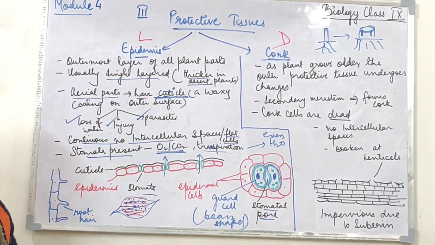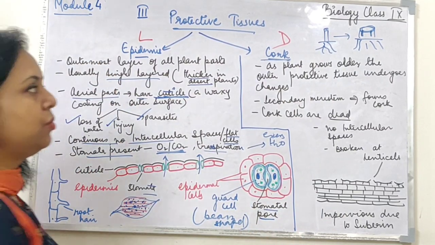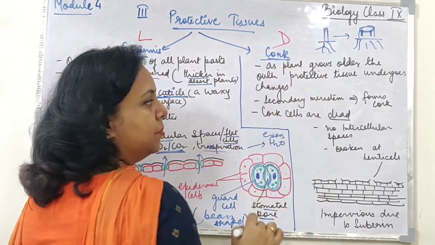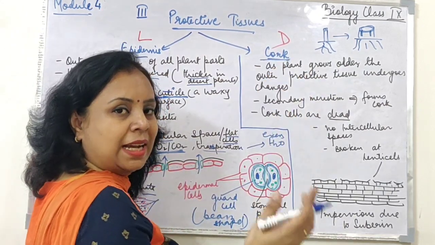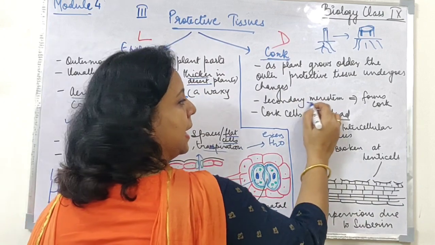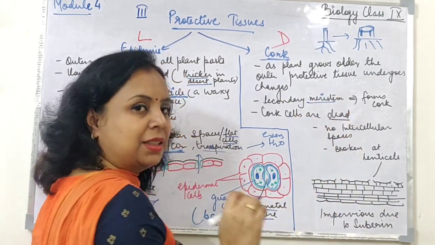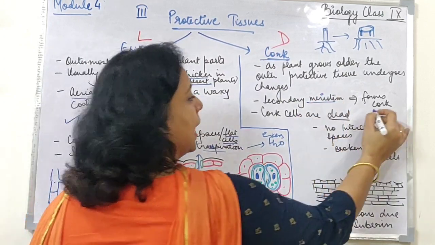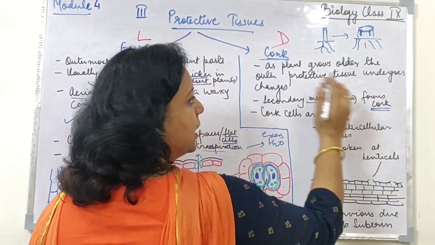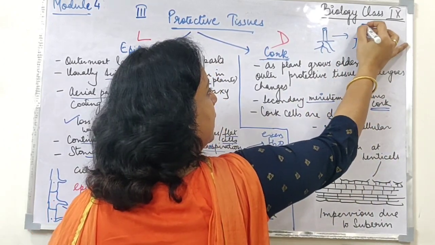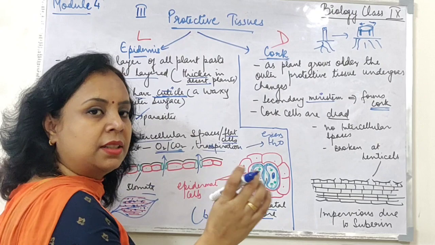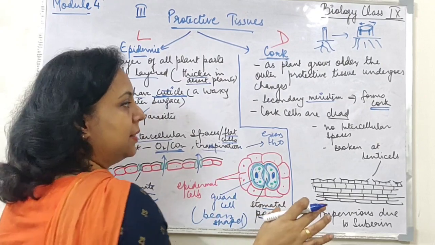We have studied about the meristematic tissue. So cork is a result of the action of meristematic tissue which is present within the stem, and it forms new cells on the outer side. So what happens? The plant becomes thicker.